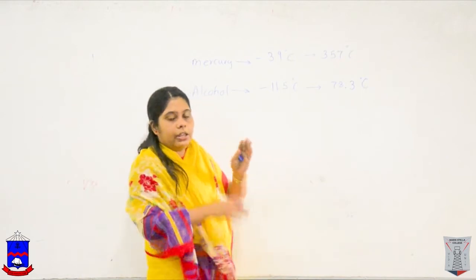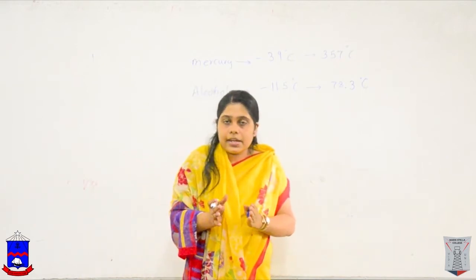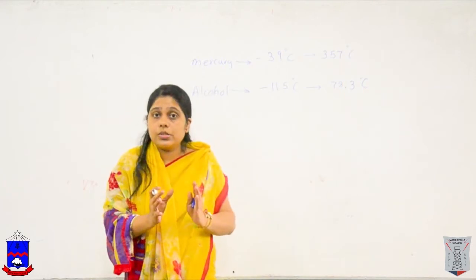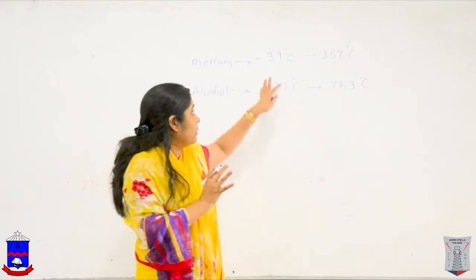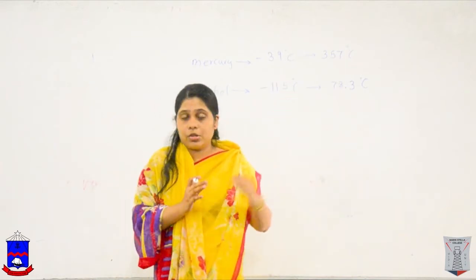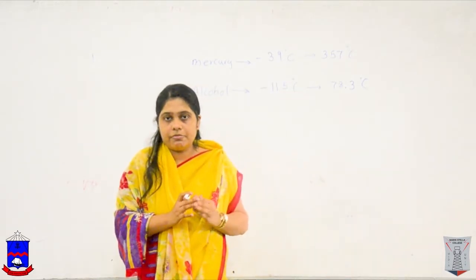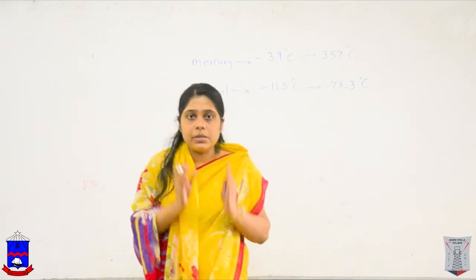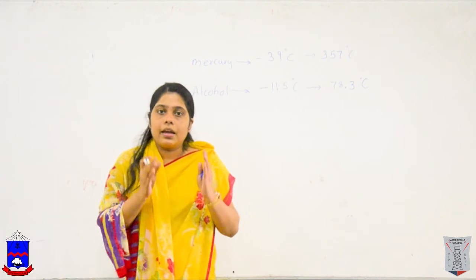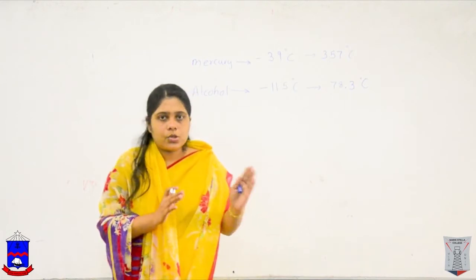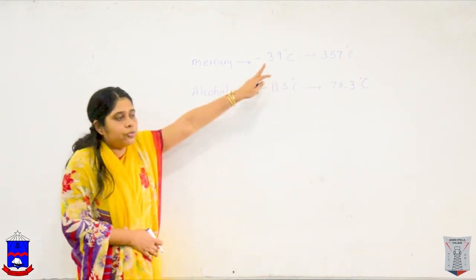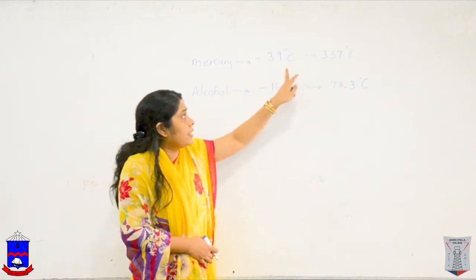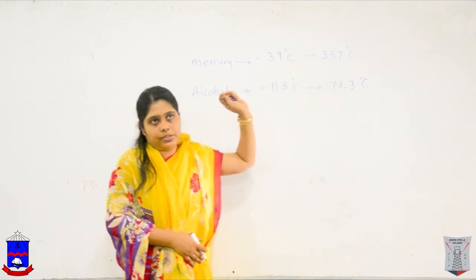When it is in a gaseous state or a solid state, we can't use mercury or alcohol for the thermometer. So we can use this mercury thermometer only to measure the temperature within these values.